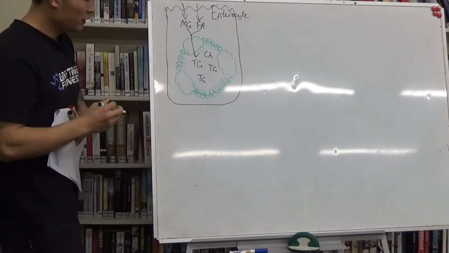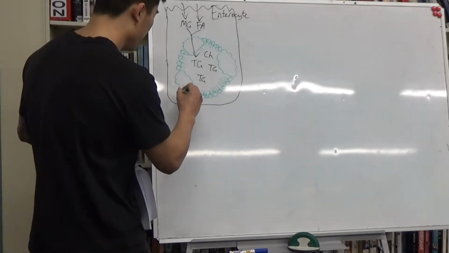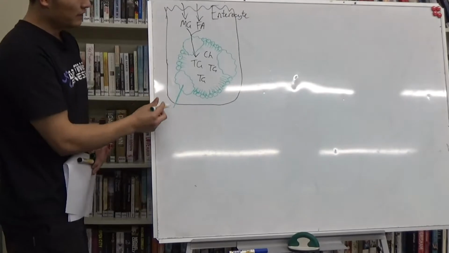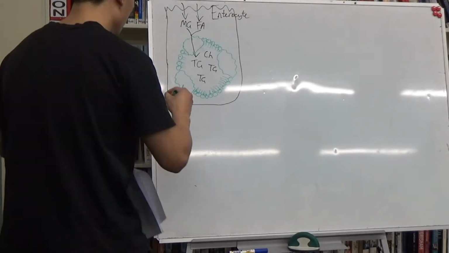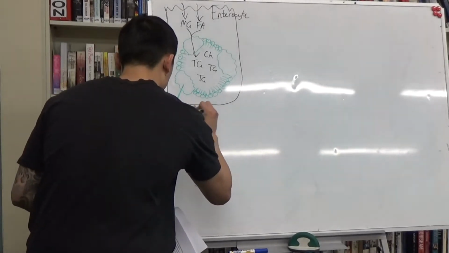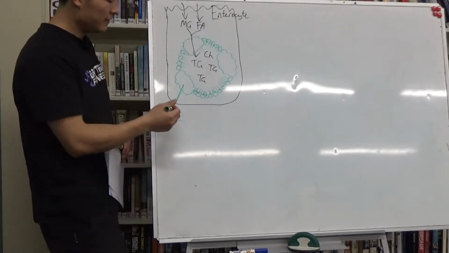And so we're going to identify what some of these proteins are. So this one here, if they're part of a lipoprotein, these are apoproteins. Okay, so this is ApoE. So a chylomicron will have an ApoE.